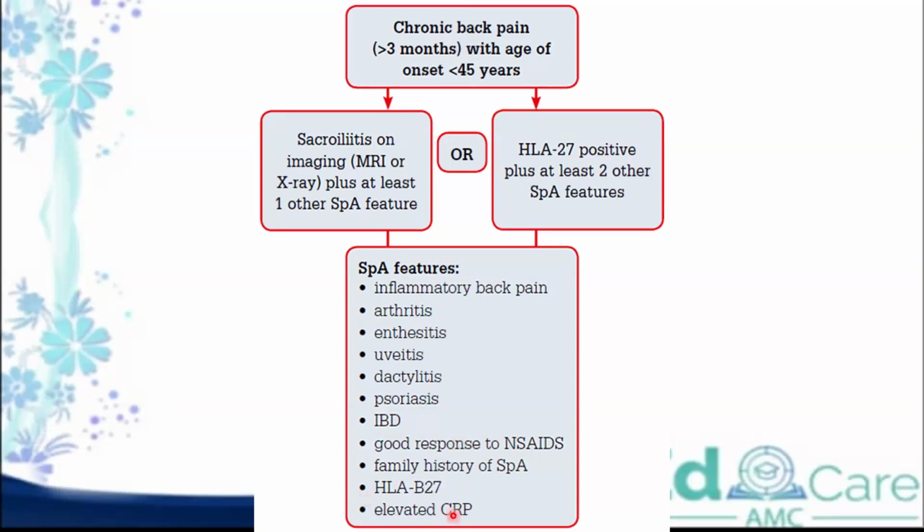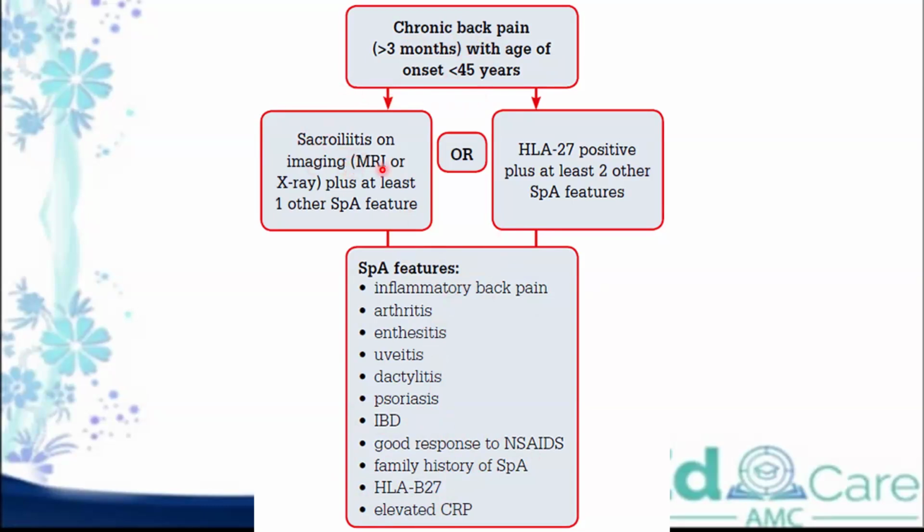So investigations, HLA-B27, elevated CRP. So when you have these SpA features and say a patient comes to you with chronic back pain, more than 3 months, young patient, right? Second and third decade, that is, right?